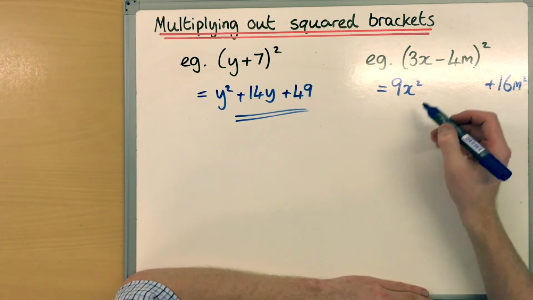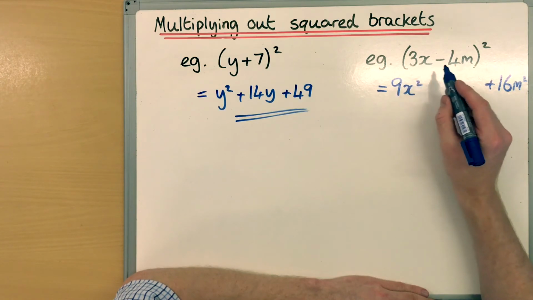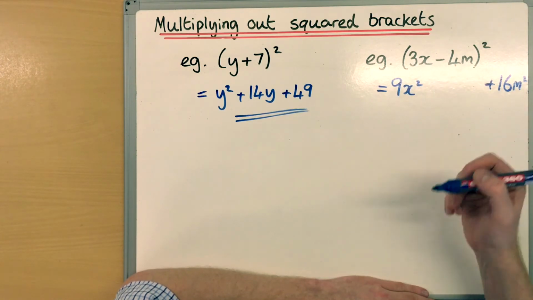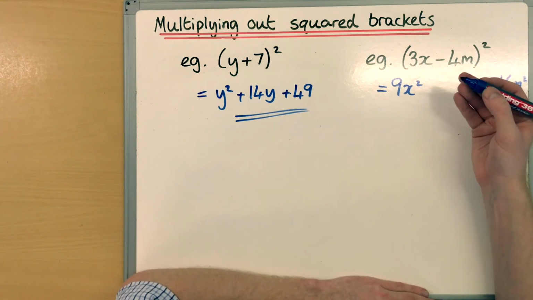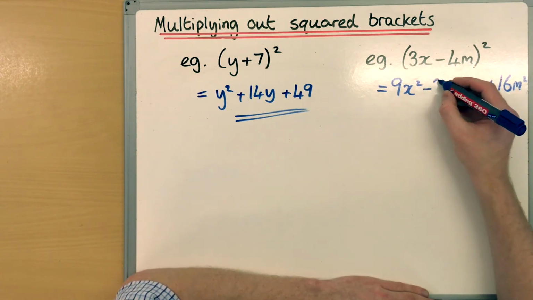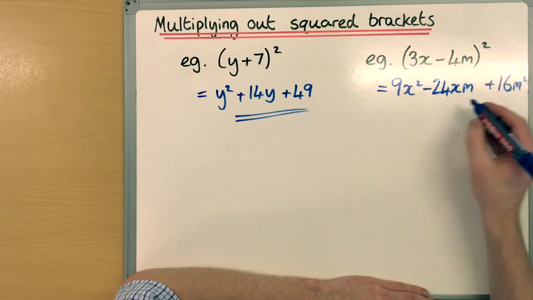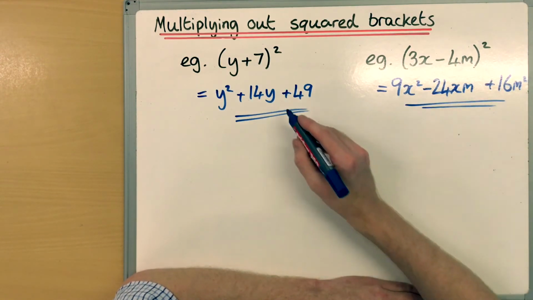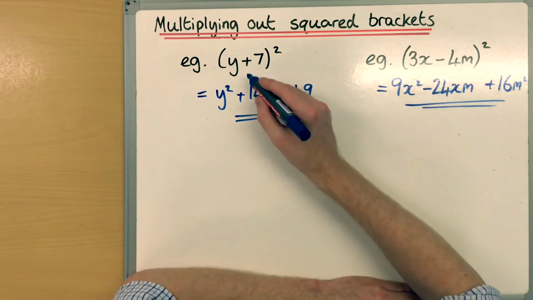However, the middle term is going to follow whatever sign it is. So 3x times minus 4m gives us minus 12xm. Now we need to remember to double that, so that's going to give us minus 24xm. So the last term is always positive, the middle term will follow the sign that's in there.